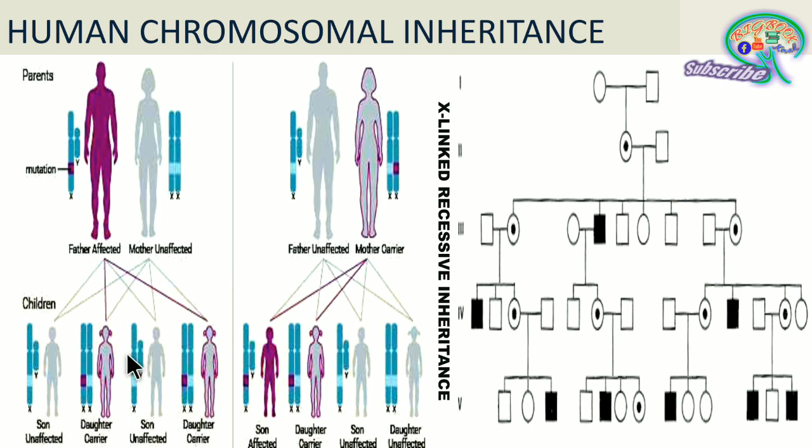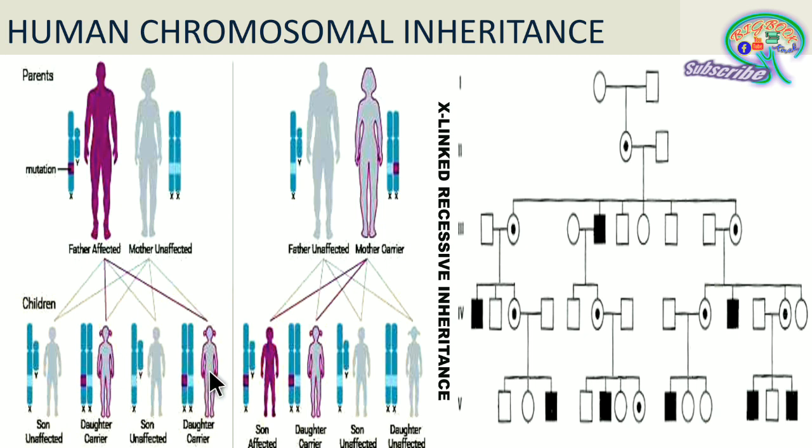Here you can see the daughters are going to get the X chromosome carrying the recessive defective gene, whereas the female has the normal gene on the other chromosome, which is dominant over this recessive one. So the offspring is going to be healthy. Here also healthy, you can see.